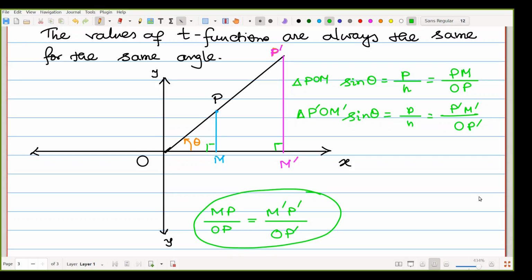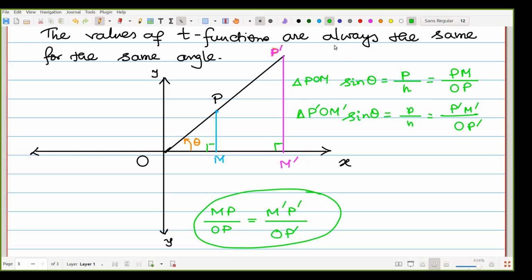That means what we want to say, the values of t functions are always the same for the same angle. Here we have the angle theta as the angle of reference, and according to that we have the sine theta, and same for the other right angle triangle using P dash M dash.